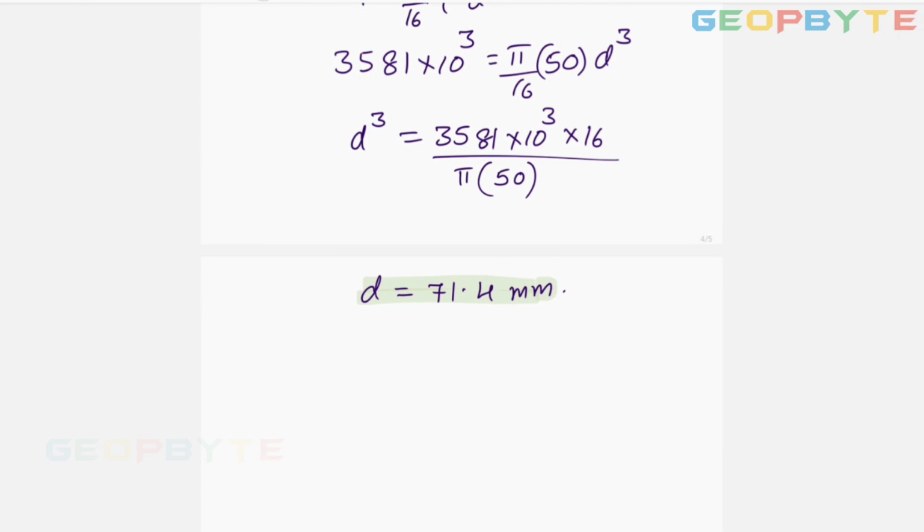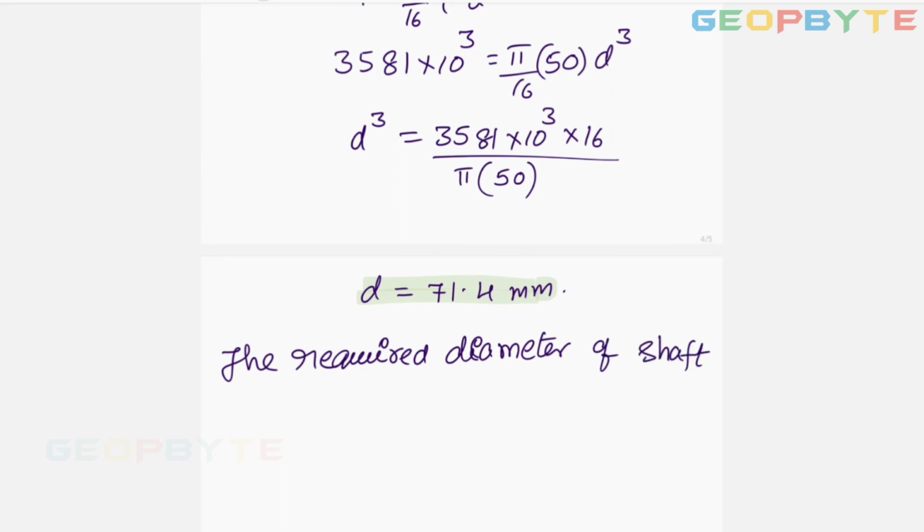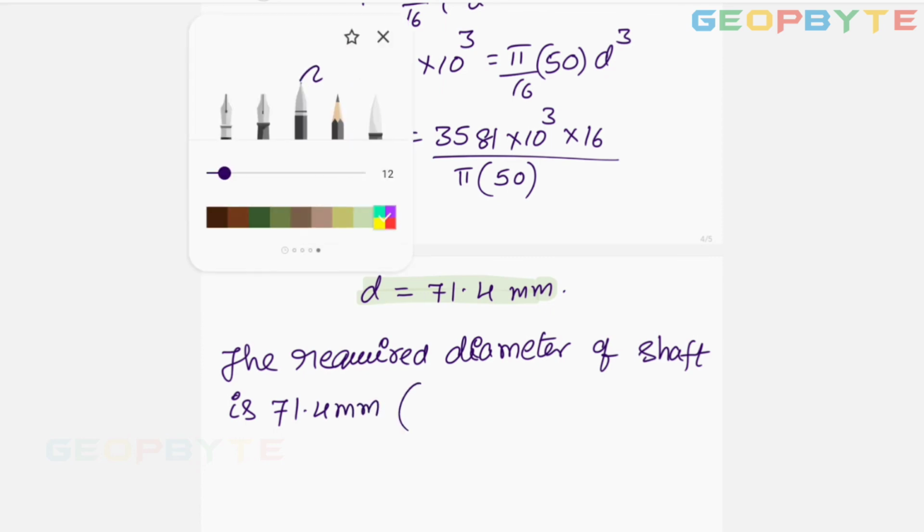The answer is, the required diameter of the shaft is how much? 71.4 mm, in bracket greater of the two values.